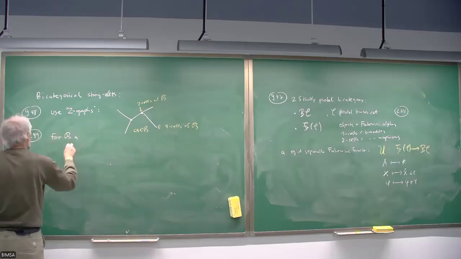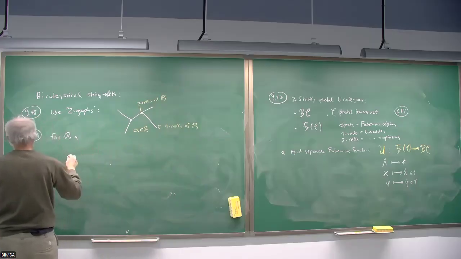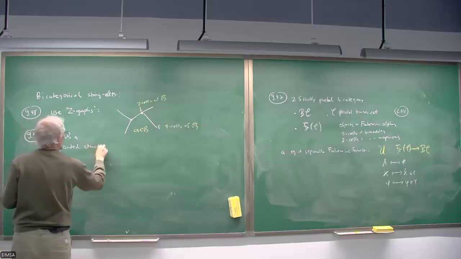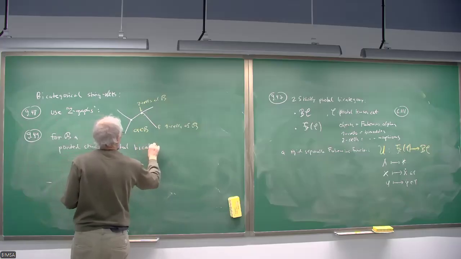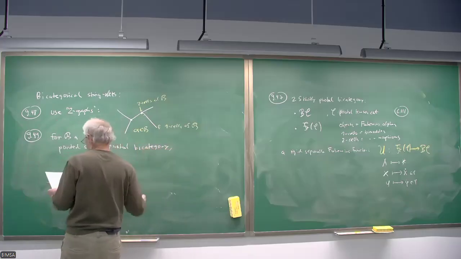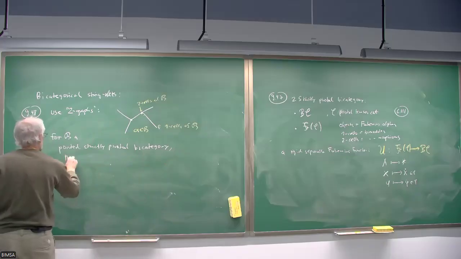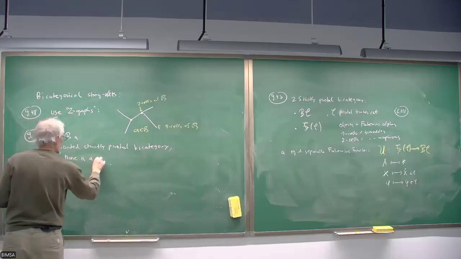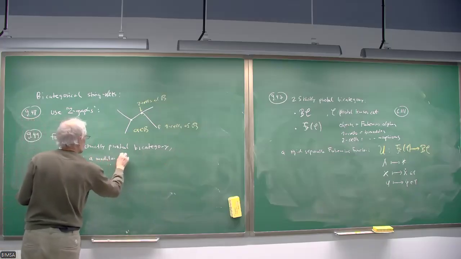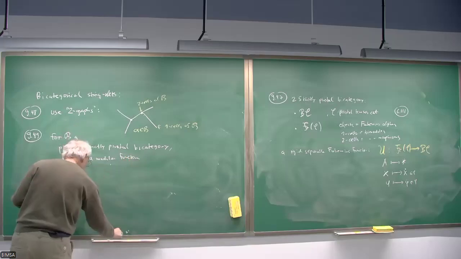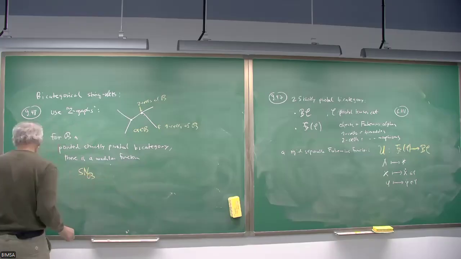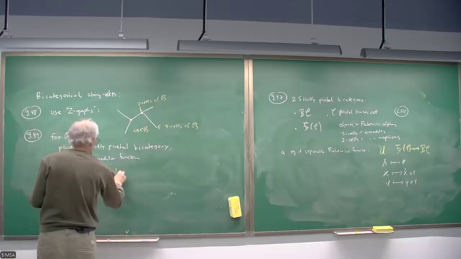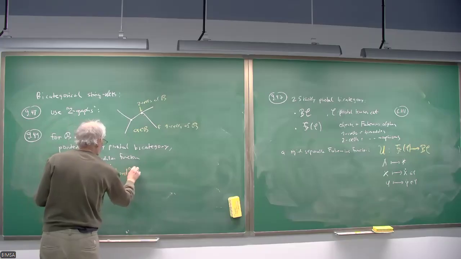For B a pointed strictly pivotal bicategory, there is a modular functor analogous to the one that we had for categories, and we call it again S and D, which goes a valid of the same form.